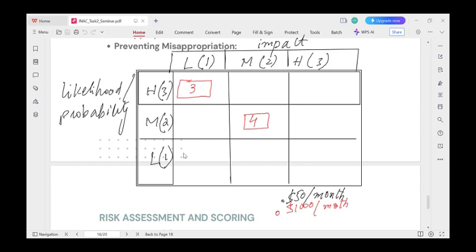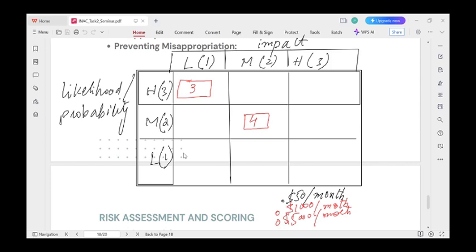Now, there is a risk where the senior accountant is making some fake sales each month, approximately 5,000 every month. The likelihood is very low, right? Because you just have doubt, there is no evidence, no one tells you.